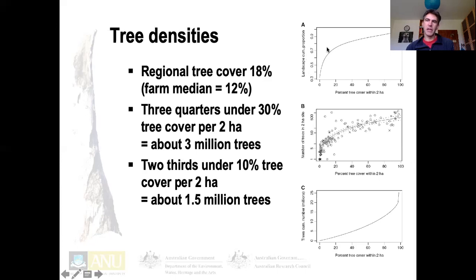So 75% of the landscape has 30% tree cover, so most of the landscape has under 30% tree cover. Knowing then how many trees occur in such a site, we can work out that it's about 3 million trees. And 2/3 have under 10% tree cover, so that's here. So 2/3 of the landscape have this very sparse tree cover, but that's still 1.5 million trees.